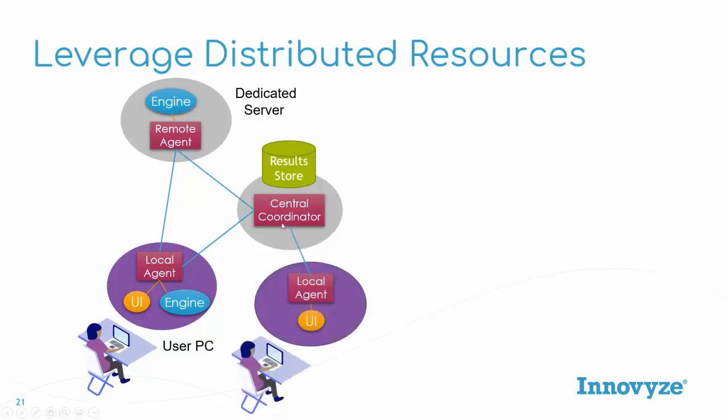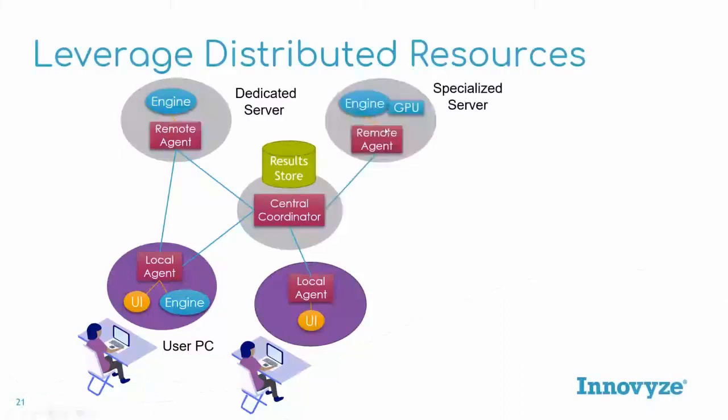So, having it set up like this, you're able to have just the UI in certain places, and then be able to use some of these specialized or dedicated servers with some high-powered equipment to run those simulations much faster.